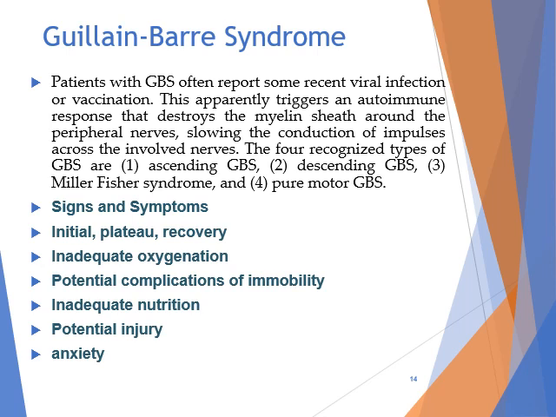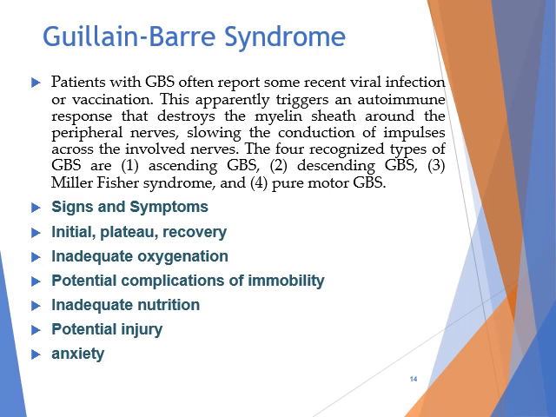So let's look at it in the book. It's an acute inflammatory polyneuropathy, autoimmune from a viral infection. There are 3 phases: the initial phase, when they start exhibiting symptoms; the plateau, where it may not get any worse; and then the recovery, where it starts going back down and they get better.